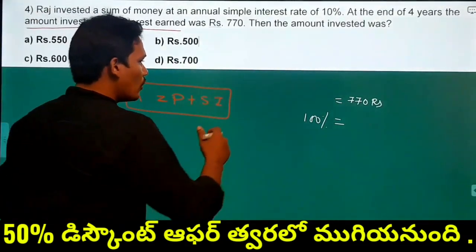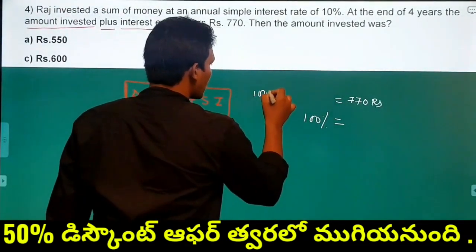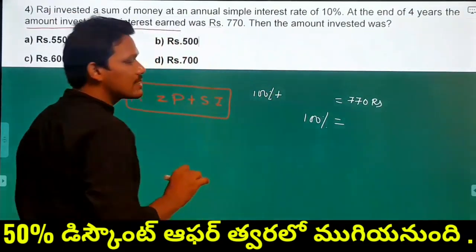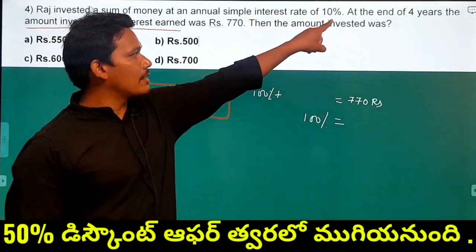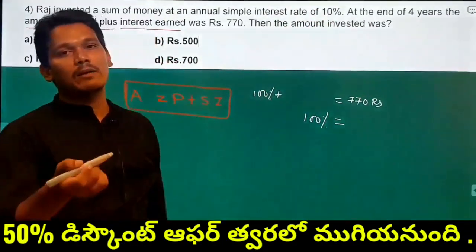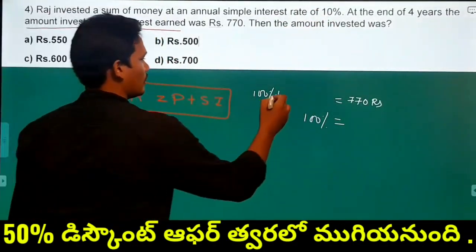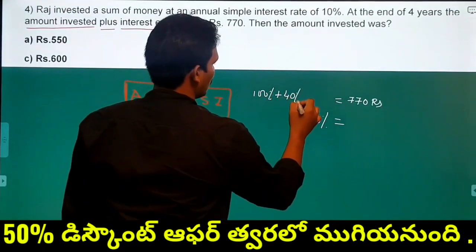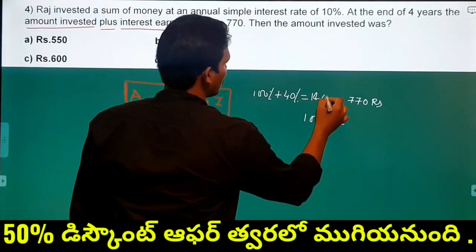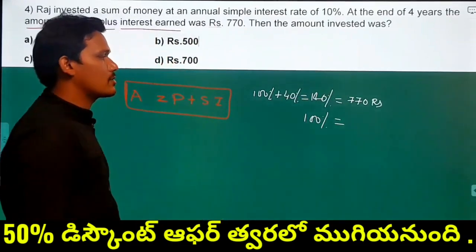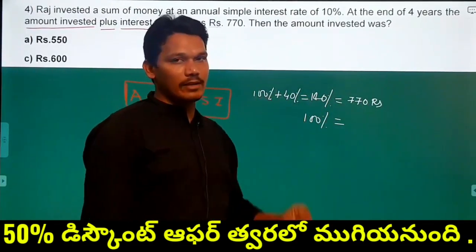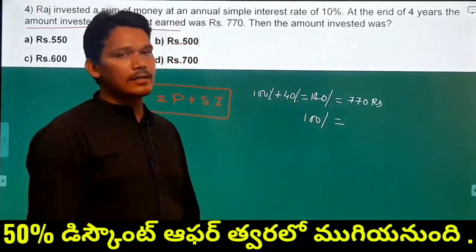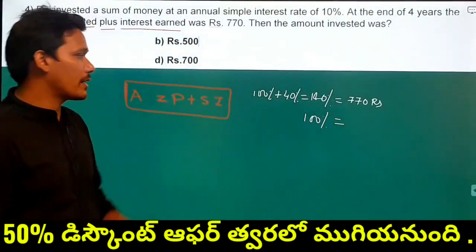We know principal is 100% and we need to find the total simple interest rate. Every year it is 10%, and for 4 years that value will become 40%. So the corresponding value can be given as 140%. So 140% of principal equals 770, and it is asking 100% of principal, meaning it is asking the principal.